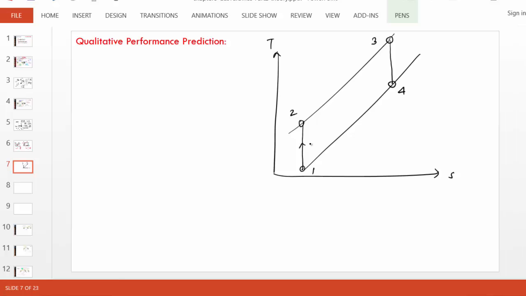Okay, so suppose this is our base cycle, an ideal Brayton cycle, and the what-if experiment we want to do is, what will happen if we increase the compression ratio without changing the maximum temperature. So this is the maximum temperature of the cycle.